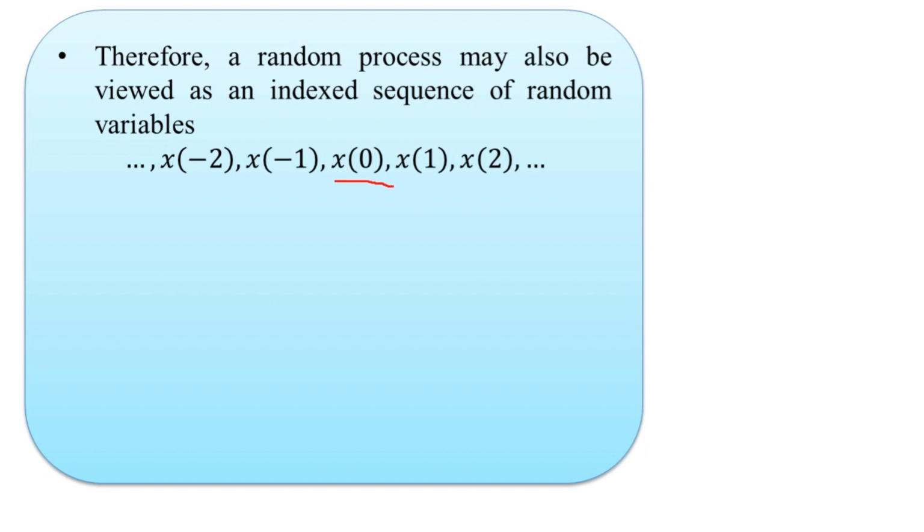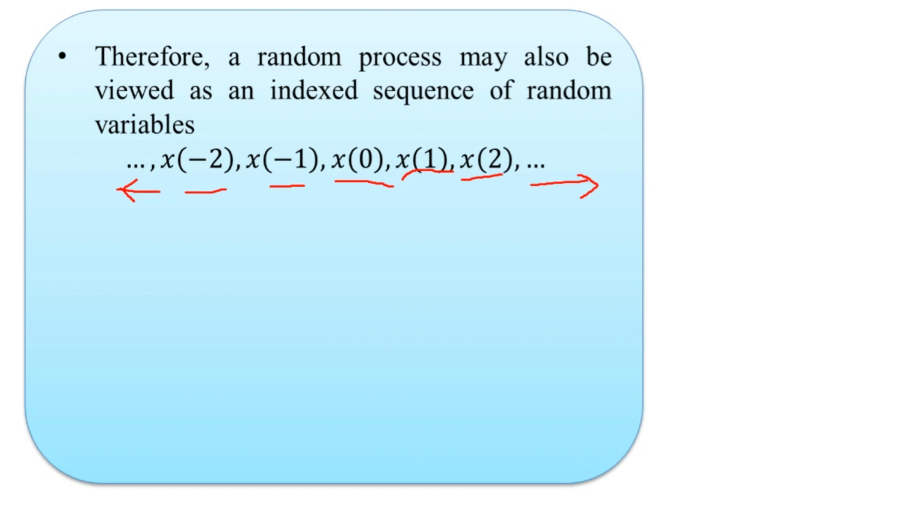Onto the positive side, we extend in the direction for x of 1, x of 2, x of 3, and so on. Whereas onto the negative side, we have x of minus 1, x of minus 2, x of minus 3, and so on towards infinity, but practically there will be a finite limit here.